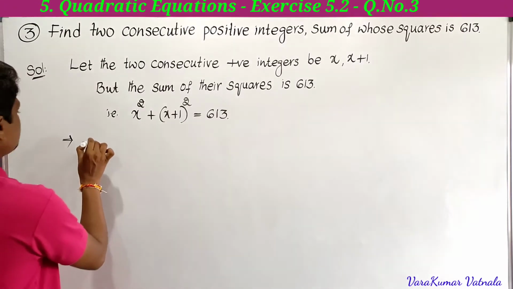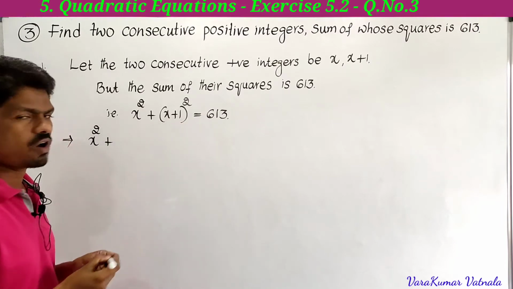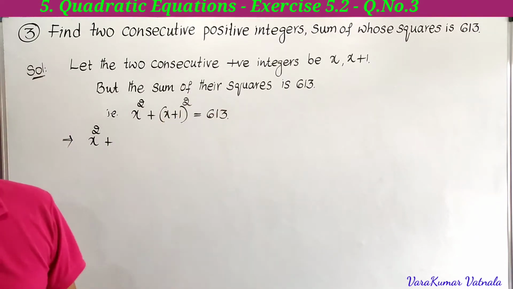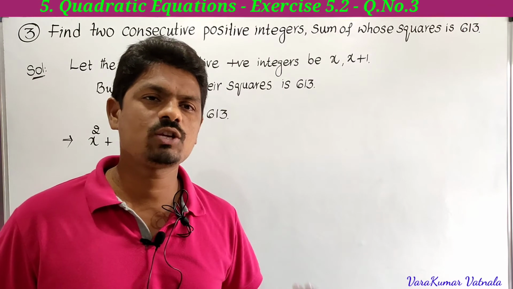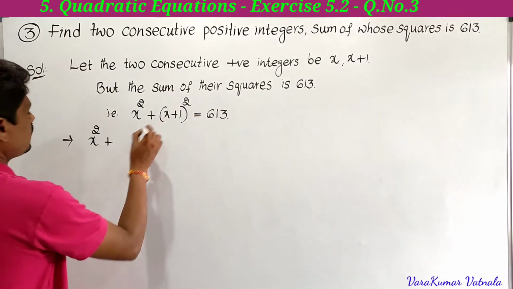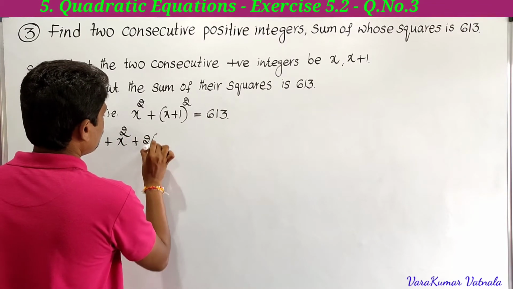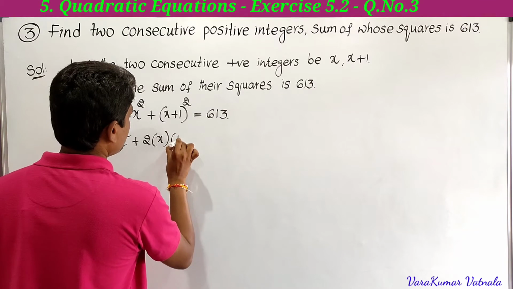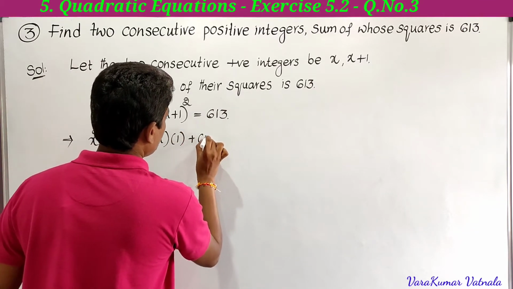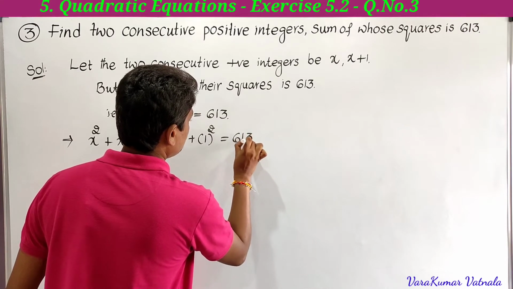Now write this x square as usual, but the second one is in the form (a plus b) whole square. (a plus b) whole square is a square plus 2ab plus b square. So here a square is x square, plus 2ab, 2 into x into 1, plus b square, 1 square, is equal to 613.